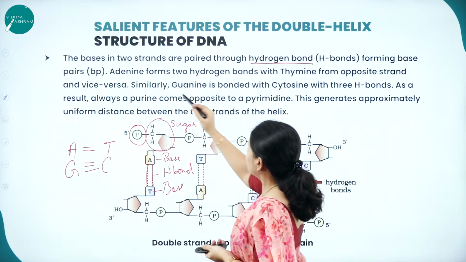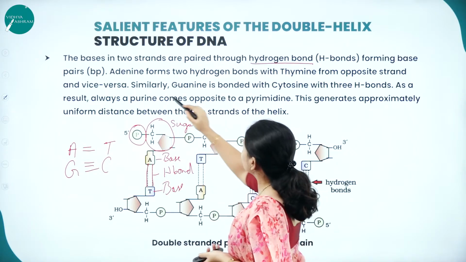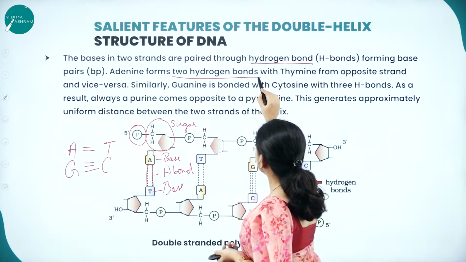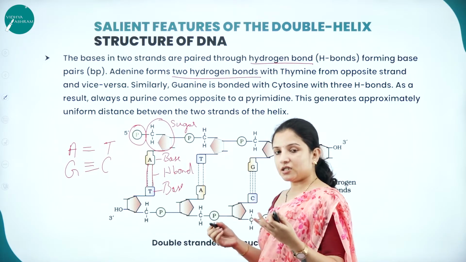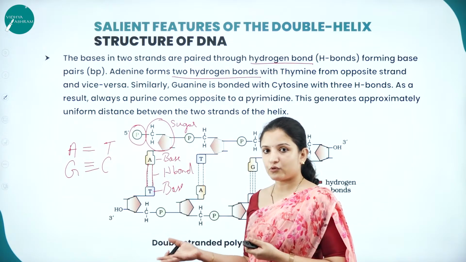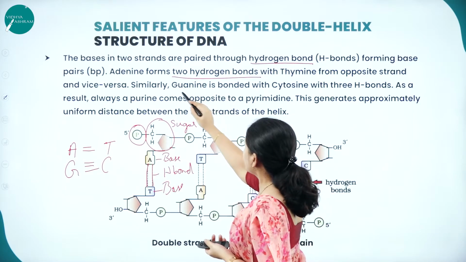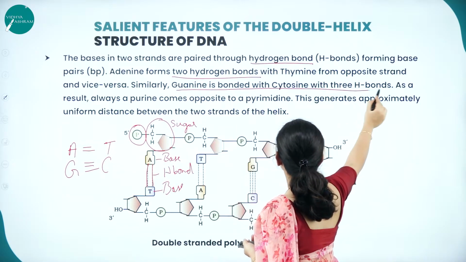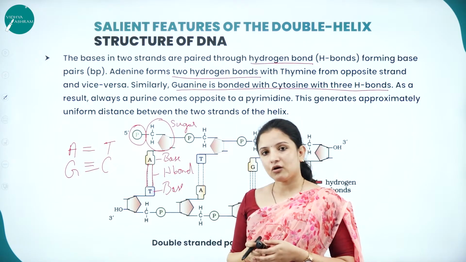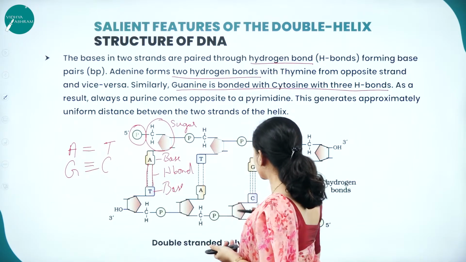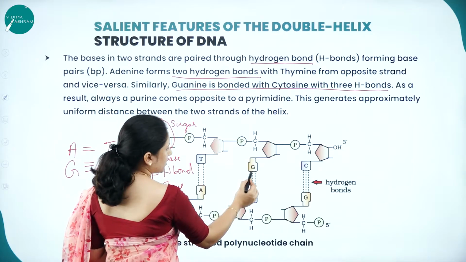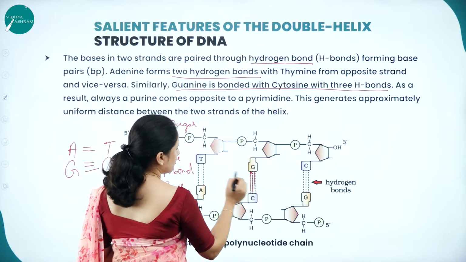Adenine forms two hydrogen bonds with thymine, and similarly, thymine forms 2 hydrogen bonds with adenine, and guanine is bonded with cytosine with 3 hydrogen bonds, and also cytosine is bonded with guanine with 3 hydrogen bonds. So, if you can see here, cytosine and guanine have 3 hydrogen bonds.